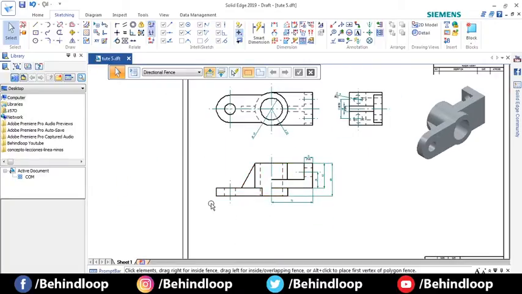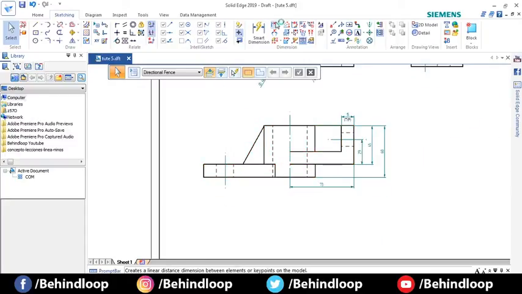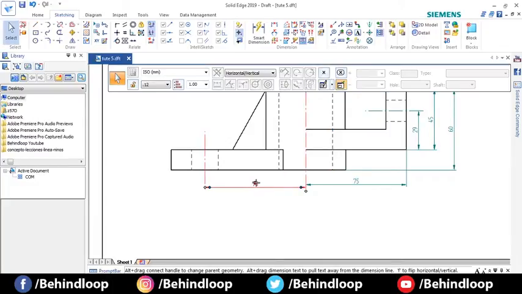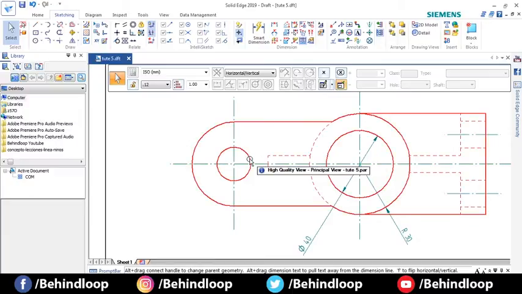We'll go to the left hand side, we'll give the CTC dimension to it. CTC dimension helps the person understand what exactly is to be indicated.